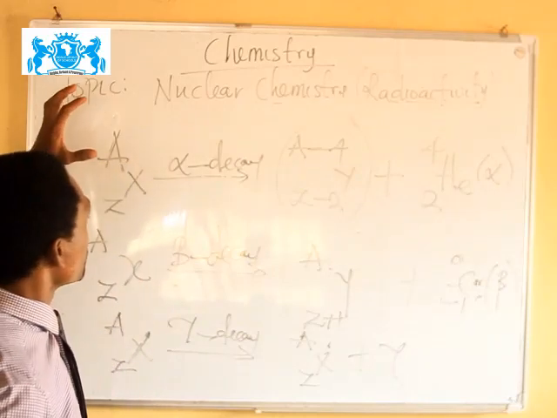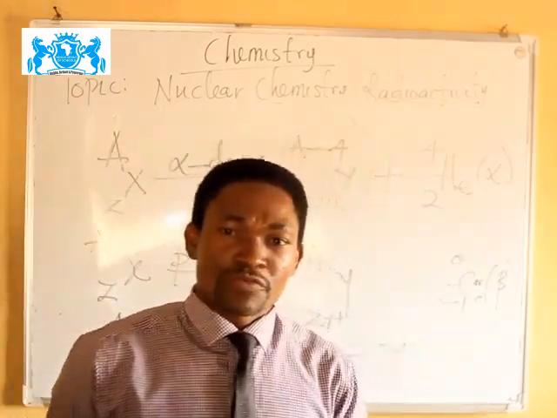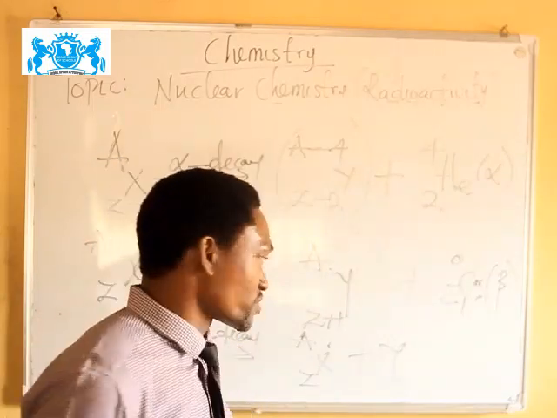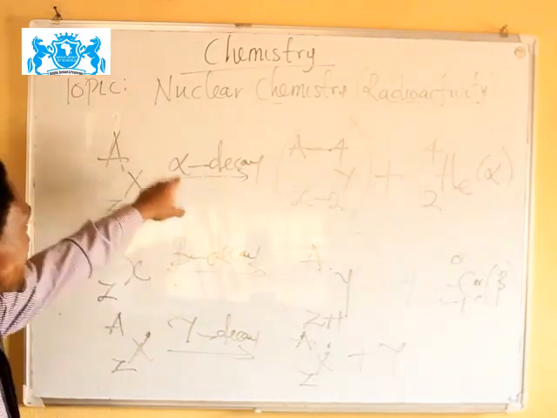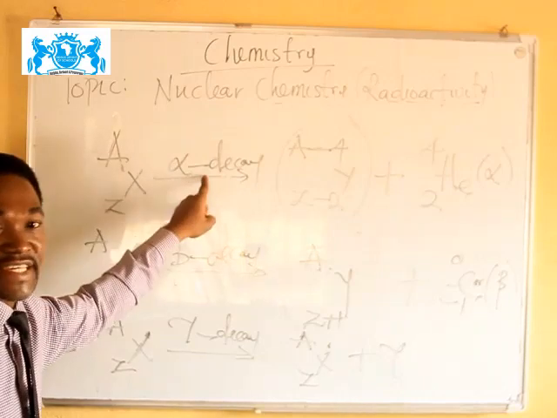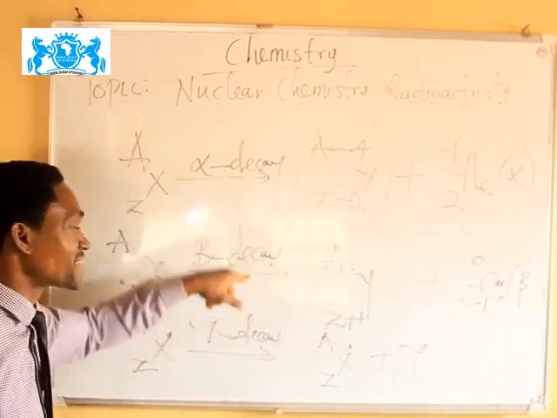Then this will lead us to talk about the laws of radioactivity. There are two main laws of radioactivity. Quickly I will discuss them. The first law of radioactivity is dependent on alpha decay, and the second law is dependent on beta decay.